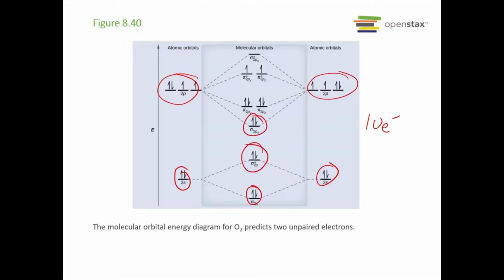Then the pi 2py, 2pz. Remember, we do one at a time, 7, 8, 9, 10. And then we have 2 electrons left over that go into the pi star 2p orbitals. And now we see the unpaired electrons explaining the paramagnetic properties of oxygen gas.